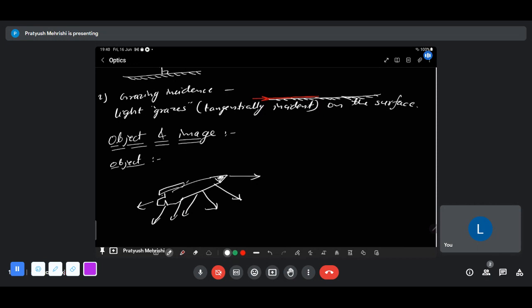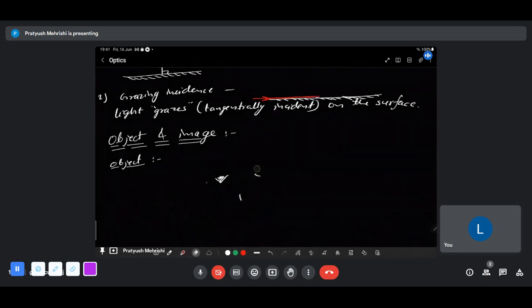For my eyes, these light rays are incident light rays, is it not? And all these incident light rays are meeting at this single object or single point. It means I can define the object as the point of intersection of all the incident rays. This is defined as an object in optics.